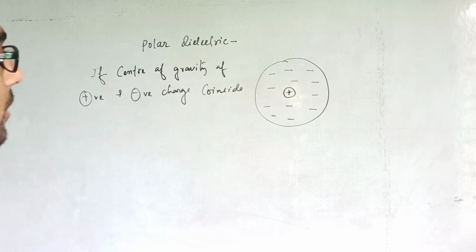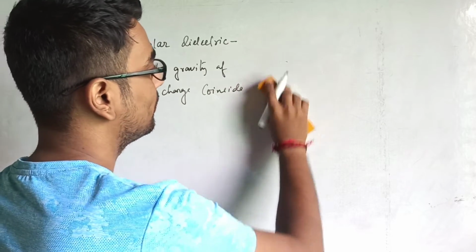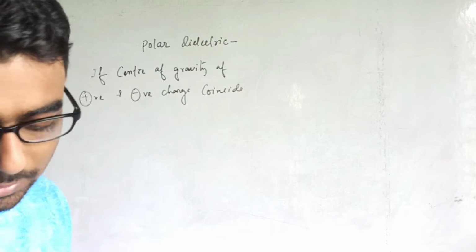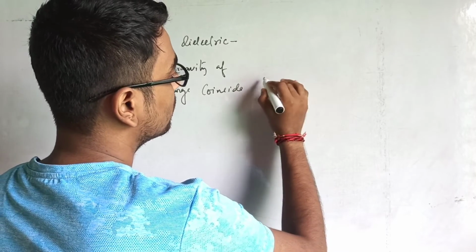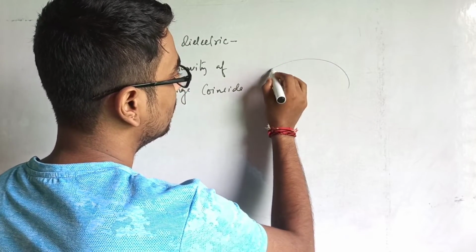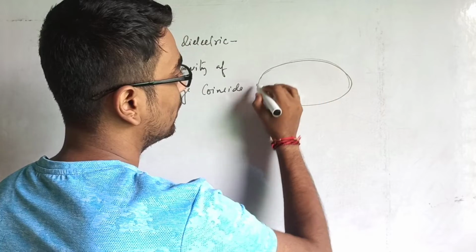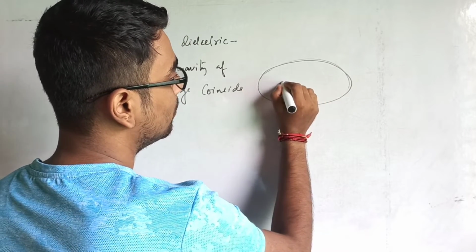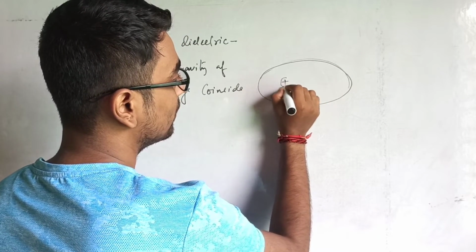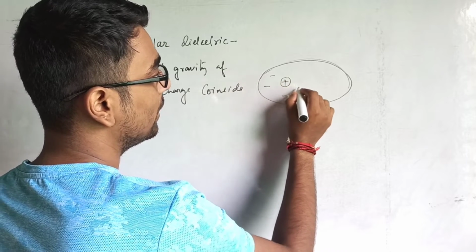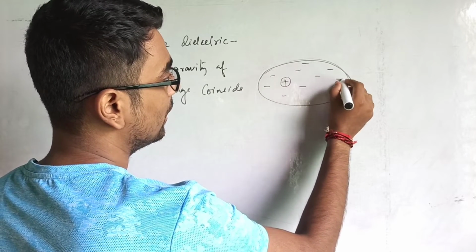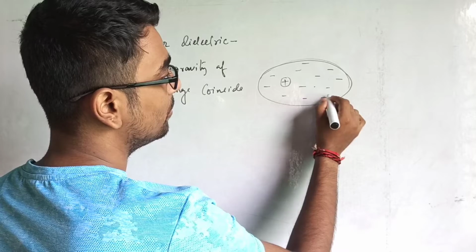A polar dielectric will be something like this. Suppose the shape of the atom becomes ellipsoidal. In that case the positive charge will lie, suppose, here, and the negative electrons will be uniformly distributed.